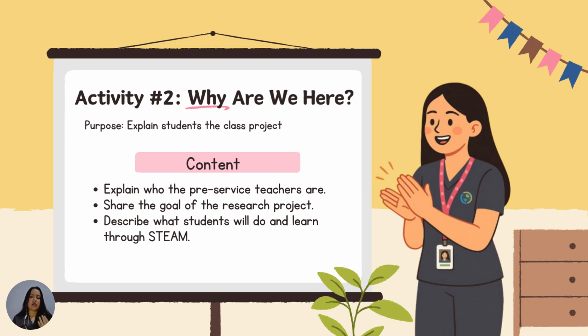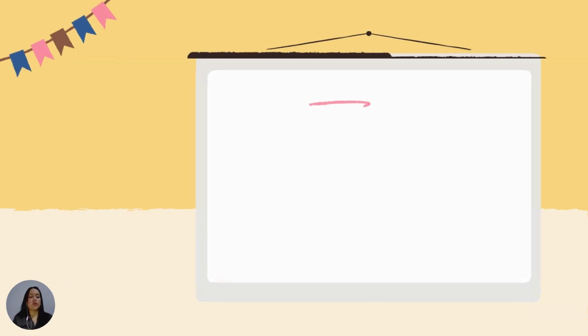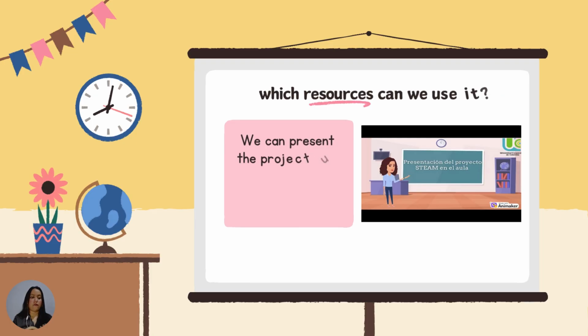This helps set clear expectations and create transparency about the learning process. So for this activity, we do it through a video, but you can also use other resources like slides, posters, images, whatever you feel comfortable.